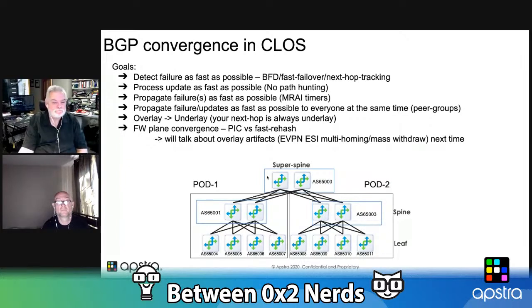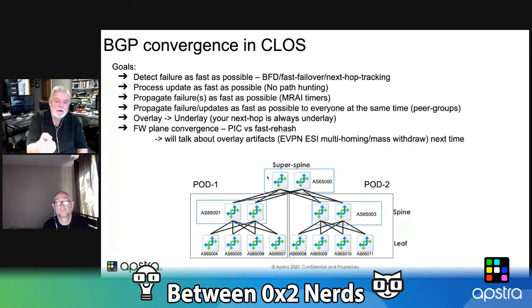One example of where you might need to adjust BGP behavior in a data center is looking at Jeff's diagram here.